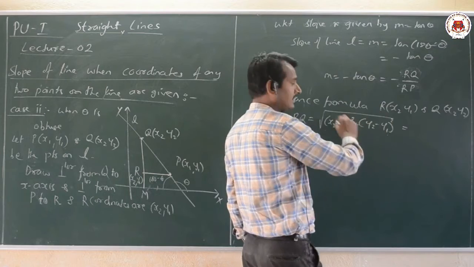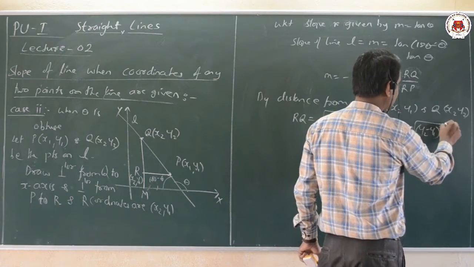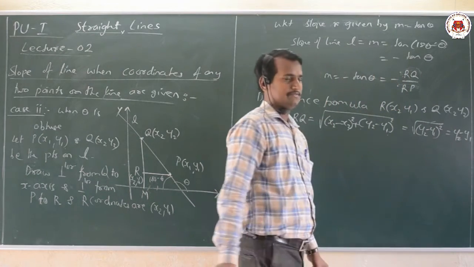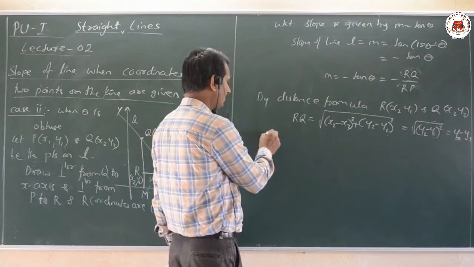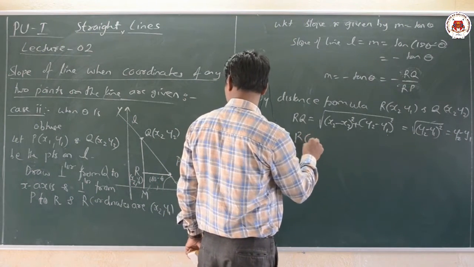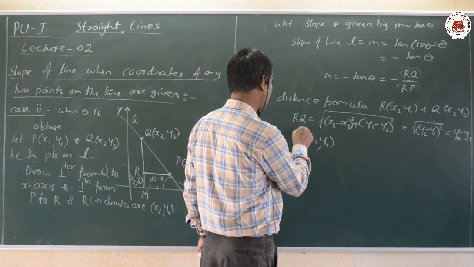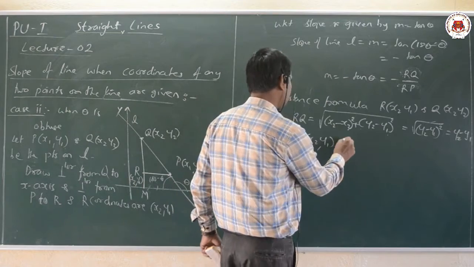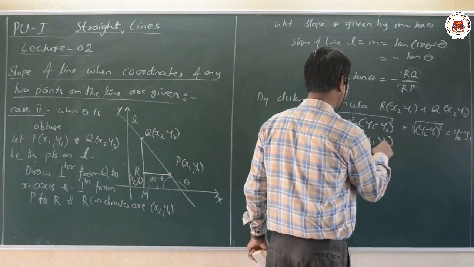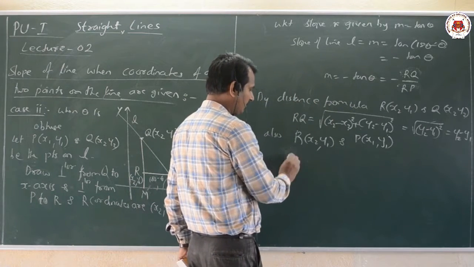That is RQ. Also, R is x2 y1 and P is x1 y1, and the distance between them is PR, that is RP.